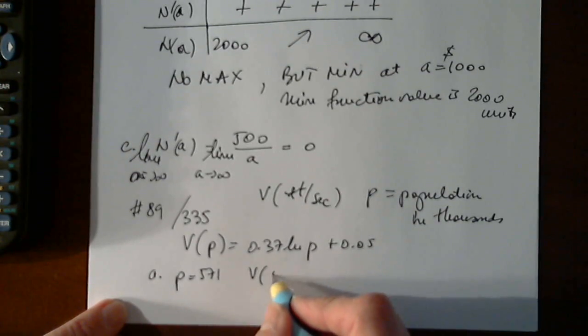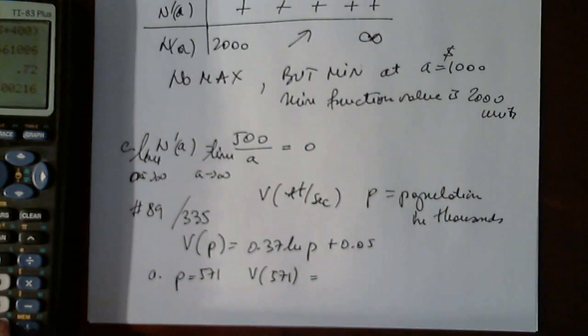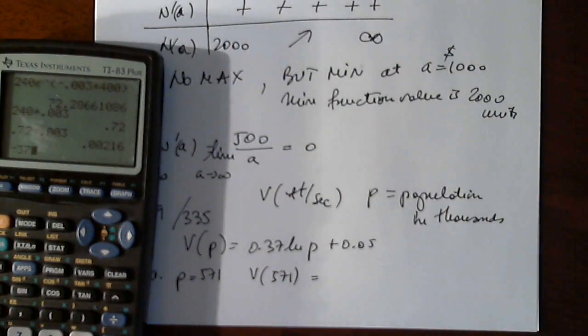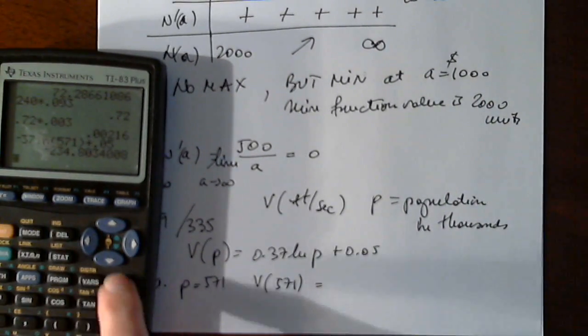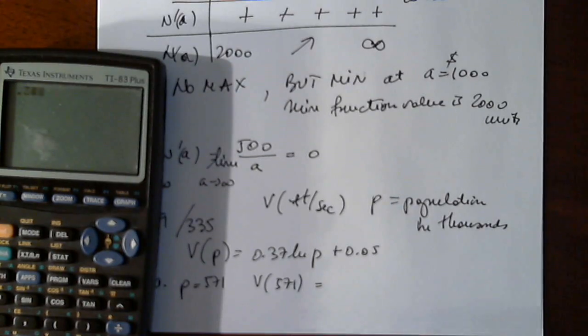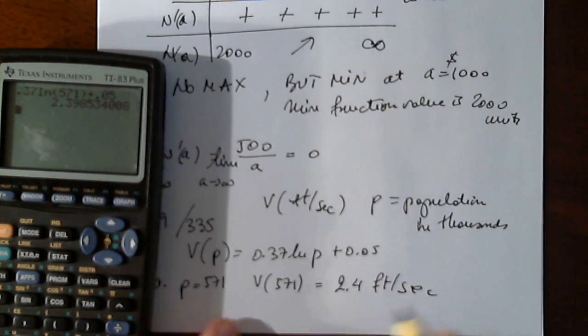So v of 571, I will put it in my calculator and I get 0.37 natural log of 571 plus 0.05, and oops, I put negative instead of 0.37, please. Natural log of 571 close plus 0.05. And we get that the walking speed is roughly 2.4 feet per second.